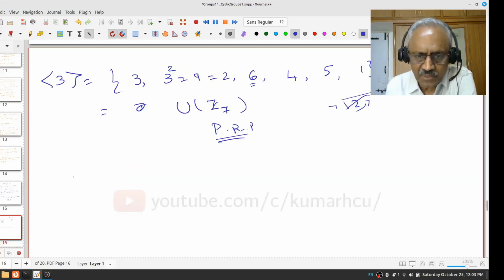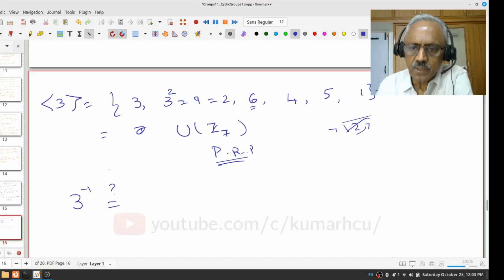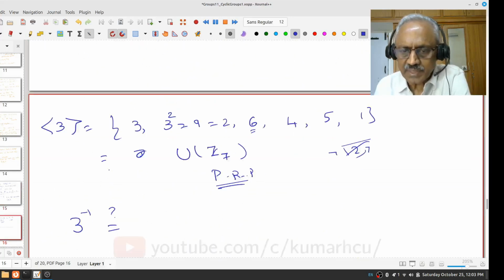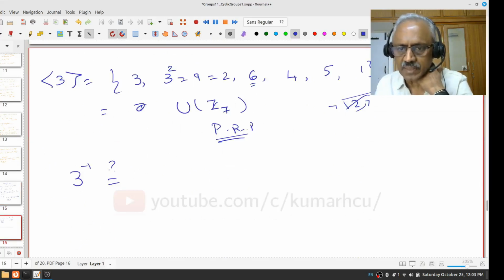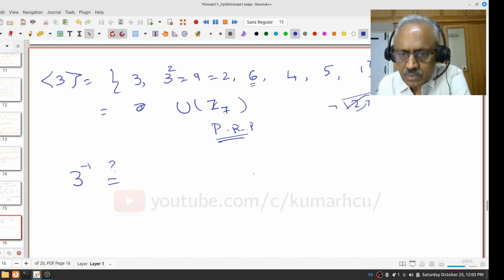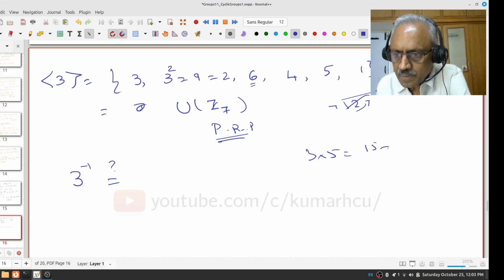Now what is the inverse of 3? So what is it that I have to do? 3 times something has to be 1, right? You already found it, because 3 times 5 is 15, that is 1.